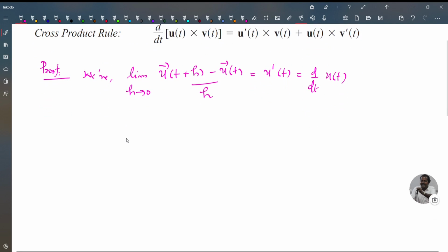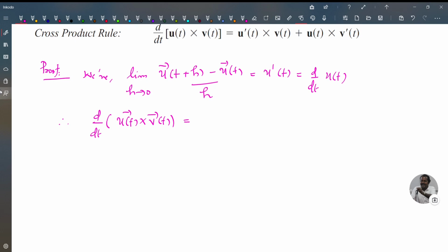Therefore d by dt of u of t cross v of t is equal to limit h tends to 0, u of t plus h cross v of t plus h minus u of t cross v of t divided by h.